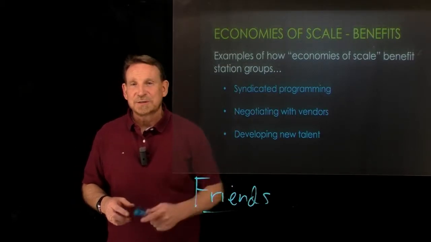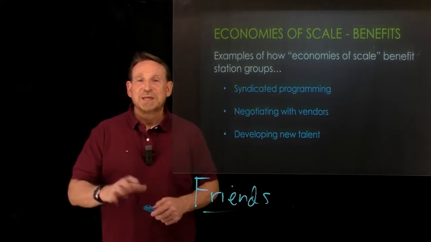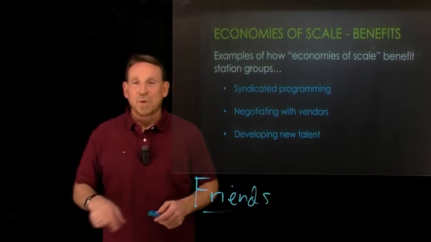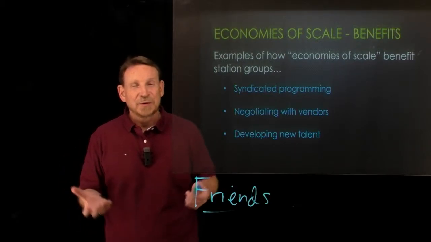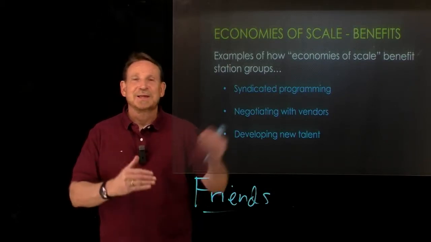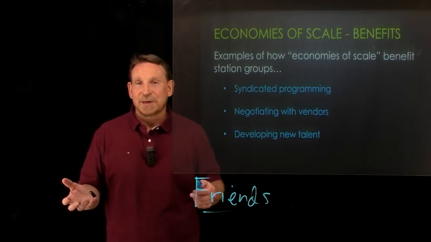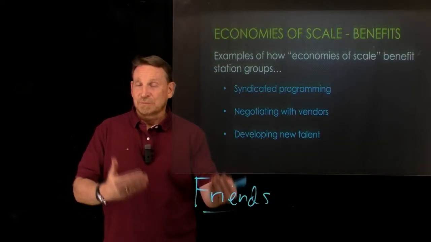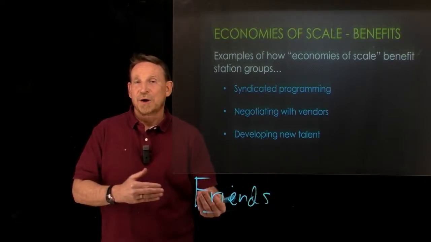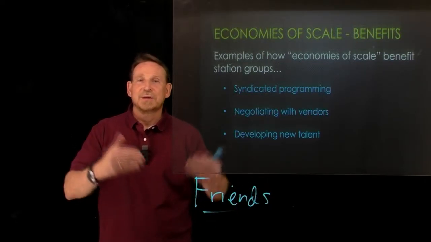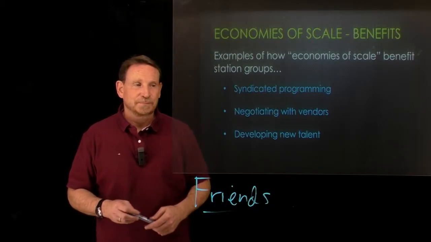If Hearst says, I want to go to you, Panasonic, and I'm going to buy 15 of those cameras, one for each of 15 stations, then they're in a better position to get a decrease on that $20,000. Maybe get it down to 12. That savings is very, very helpful, of course, in lowering the production cost, the cost of the per unit value of what it is they're producing, their general operation.